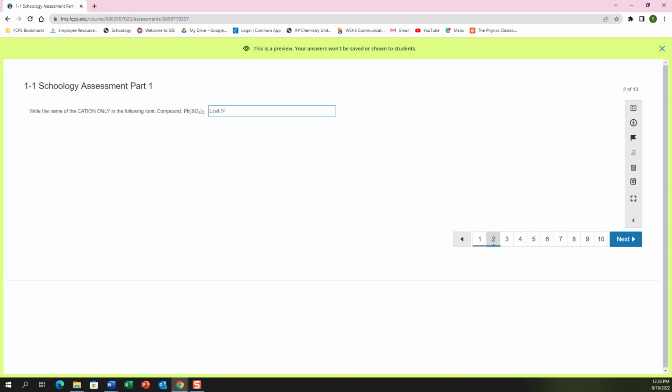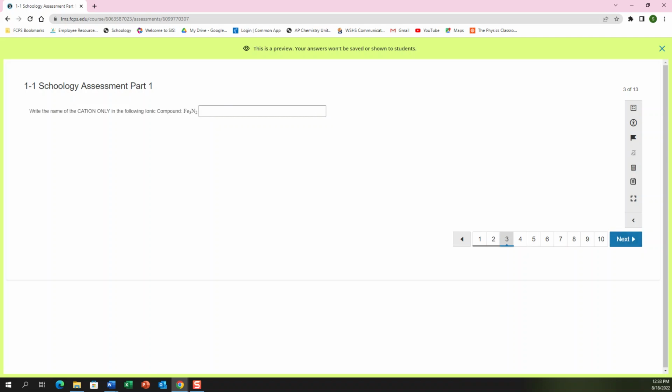So just a lesson to learn for the whole year: if you got something marked wrong on a Schoology assessment, but you think it's right, double check with me, because it just might be a formatting error. When it's a math problem, it might just be a significant figure error or something like that. So don't sweat. So this would be lead IV.